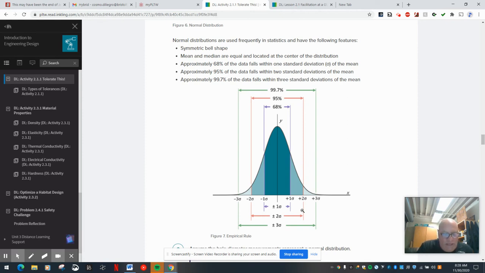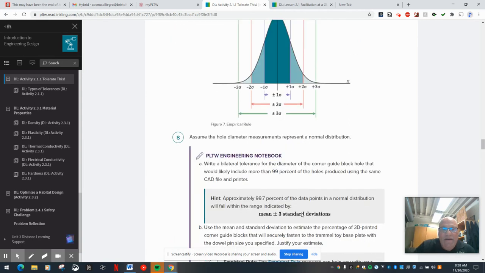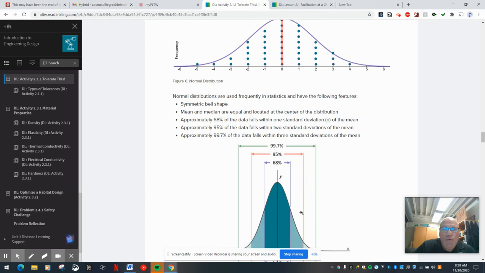Then it says use the mean and standard deviation, and so on. And then you would do the same for 95%, which is 2 standard deviations, and 68%, which is 1 standard deviation.